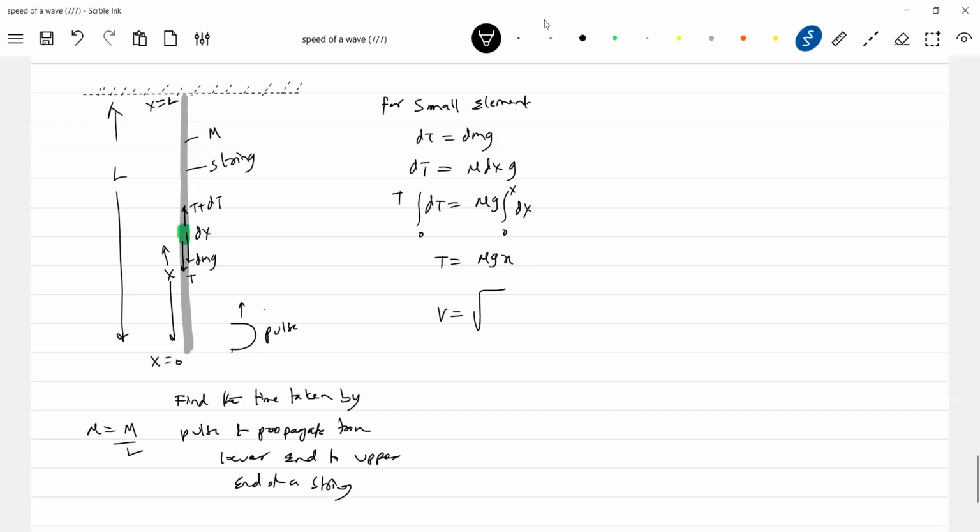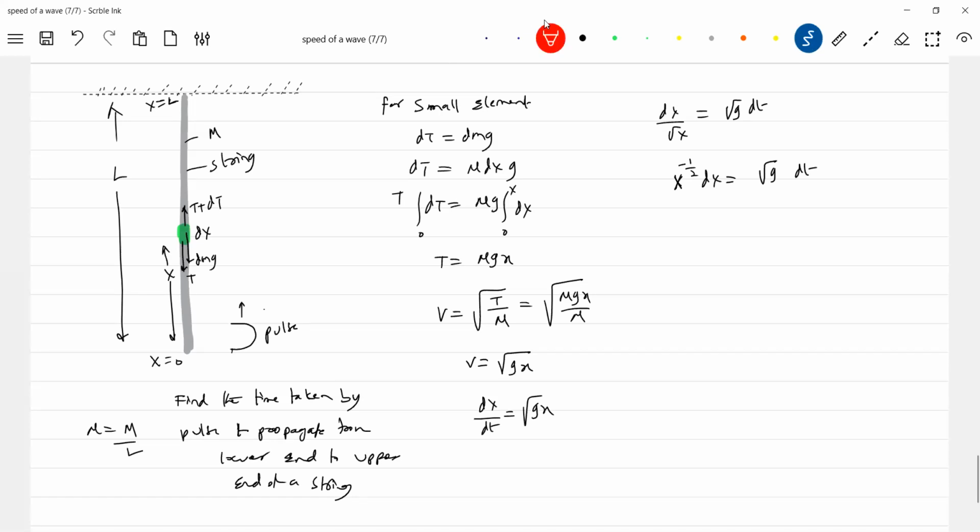So what is the speed of the wave? v equals root of T by mu, where mu is linear mass density. So let me substitute this. This will become dx by root x. So at T equal to 0, x will be 0.